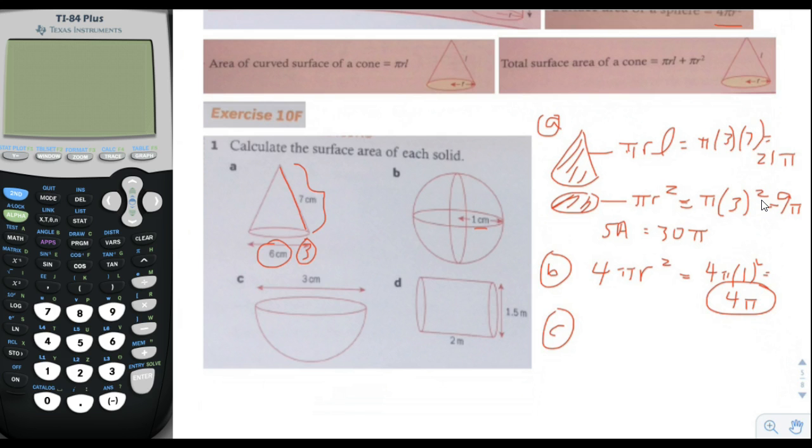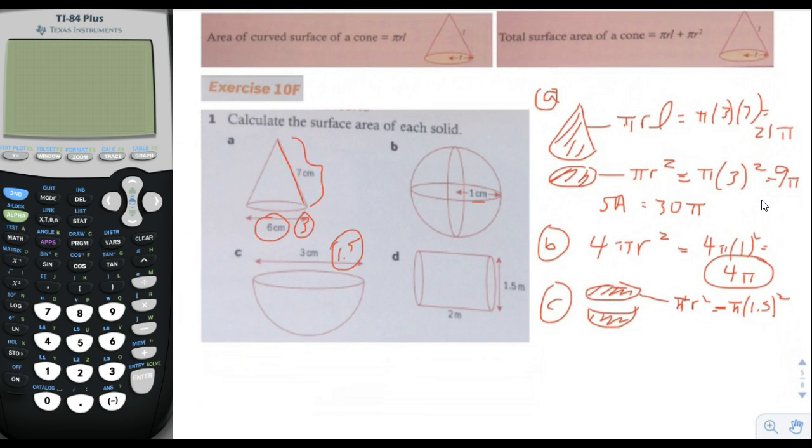So a hemisphere has two parts. It's got this flat part, and it's got the curved part. Okay? And the flat part is just going to be pi r squared. And the r here is going to be half of 3, which is 1.5. So pi r squared would be pi times 1.5 squared.